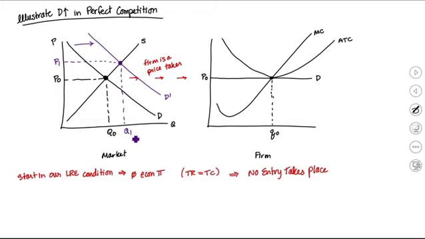So let's take some notes. After our demand increase, we see in the market that price has gone up and quantity has gone up. Everyone agree with that?